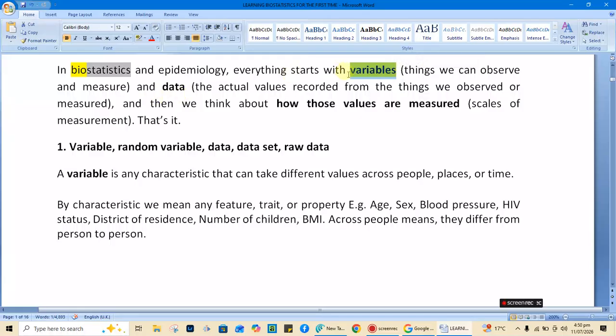These are simply characteristics or properties of the item, the place, or the people that we want to know. Variables are things such as age. Just mentioning age, that is a variable, that is a characteristic. Blood pressure is also a variable, a characteristic.